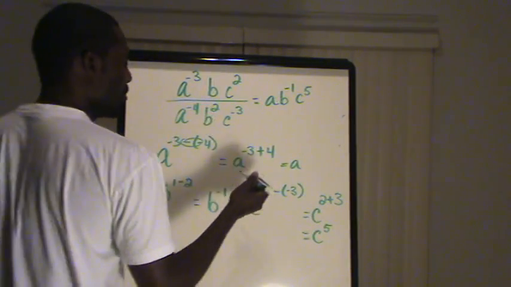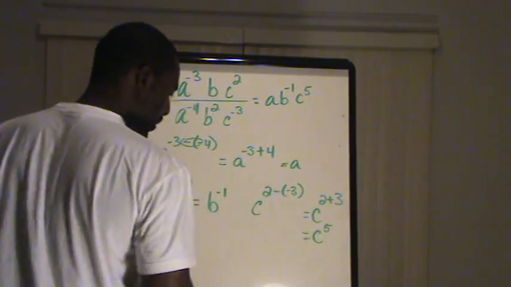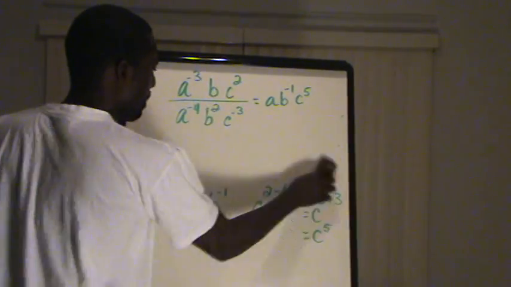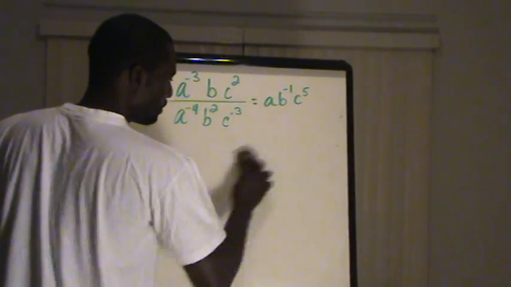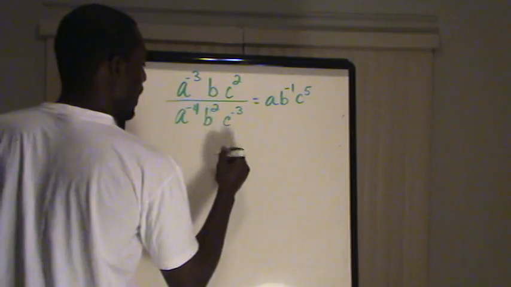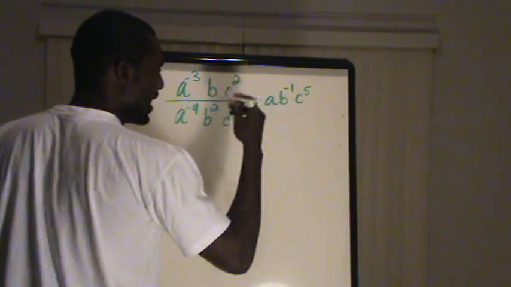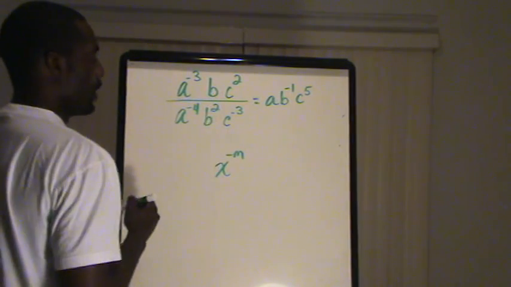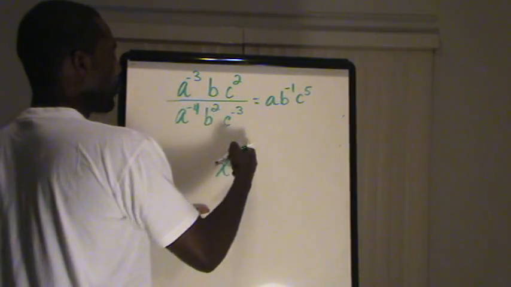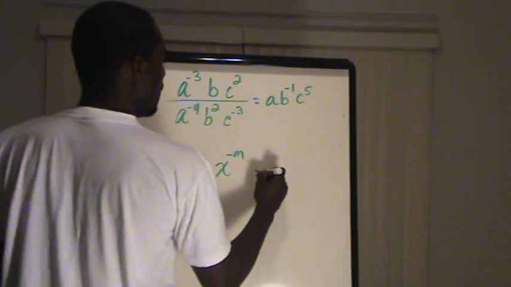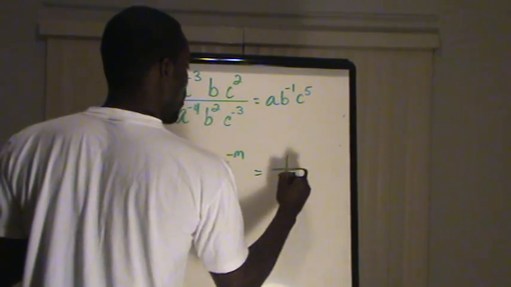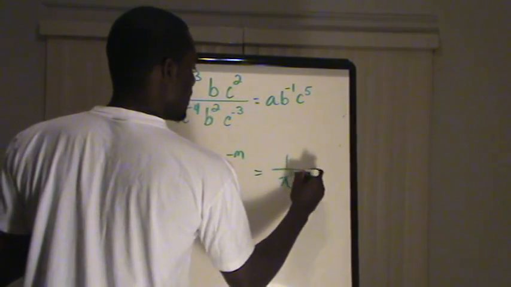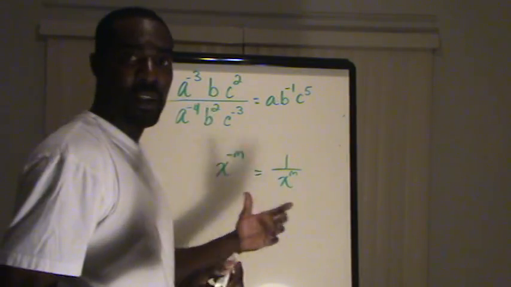So by definition, we know that, let me erase here so that I can tell you, by definition, we have learned that, let me just take any variable, x to the negative m power. So any base raised to a negative power, by definition, is equal to 1 over x to the m power, with that exponent being positive.